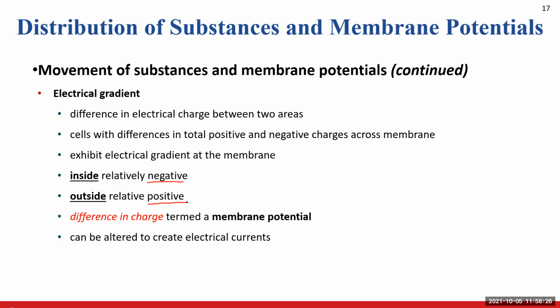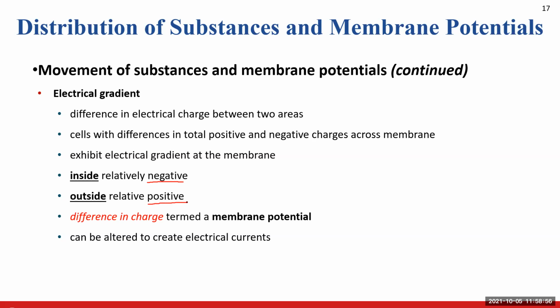The name of that, what we label it as, is membrane potential. A membrane potential is the difference in charge between the inside of the cell and the outside of the cell. We just add up all the positive charges outside the cell, all the negative charges inside the cell, and we take the difference. And we refer to that as the membrane potential.